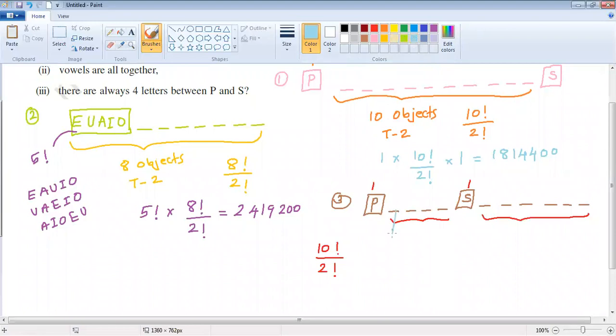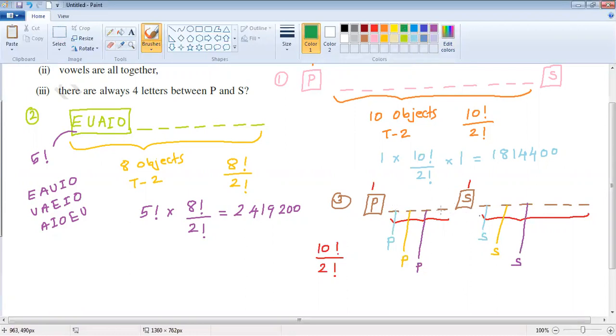And now P can come in the second position, so S will come one more step ahead. That time also there are 4 letters between P and S. Then again, another option: P can come in the third position, then S can come in the 8th position. Another chance: P can come in the fourth position and S in the ninth position.